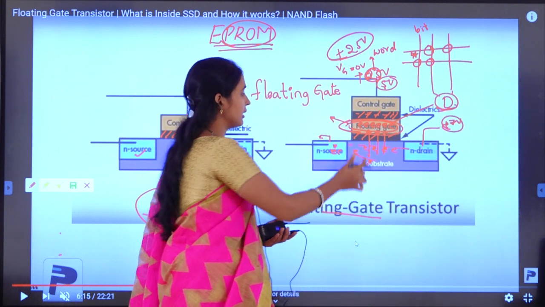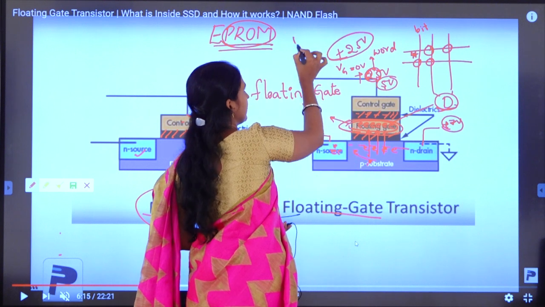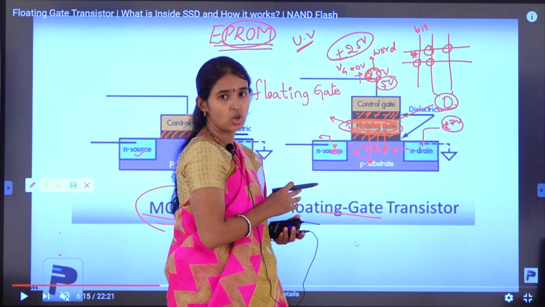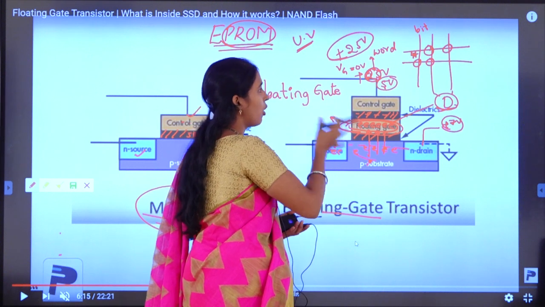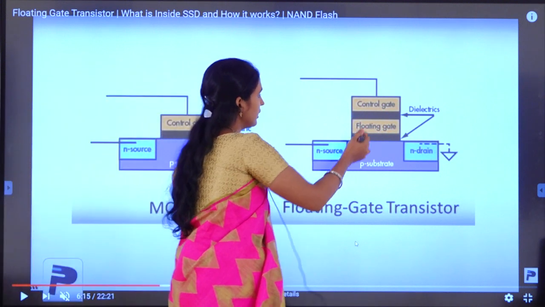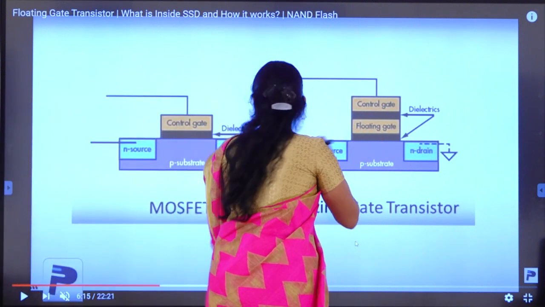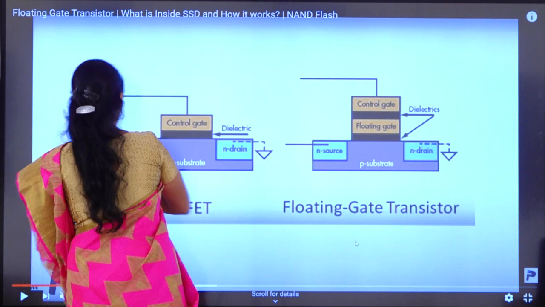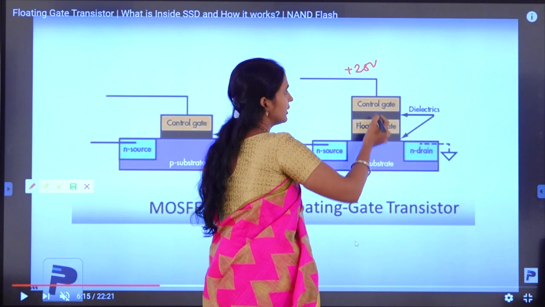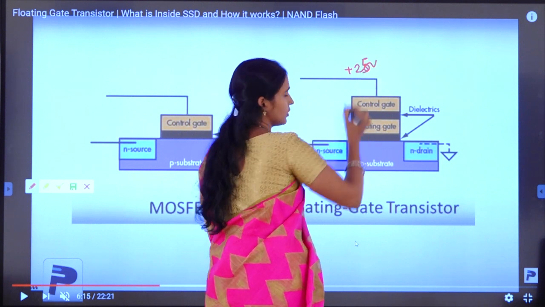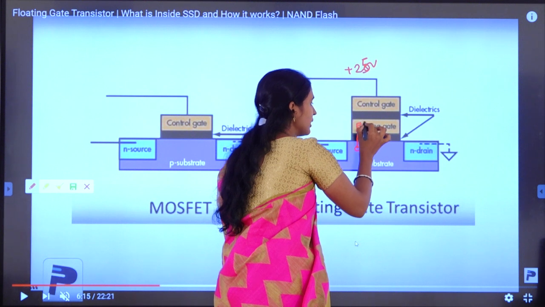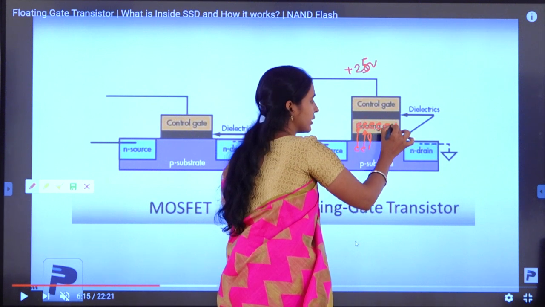When this is exposed to ultraviolet rays of a certain wavelength for about 5 minutes, what happens now? You have seen that because of the very high positive voltage, plus 25 volts, all these electrons start accumulating in the floating gate.